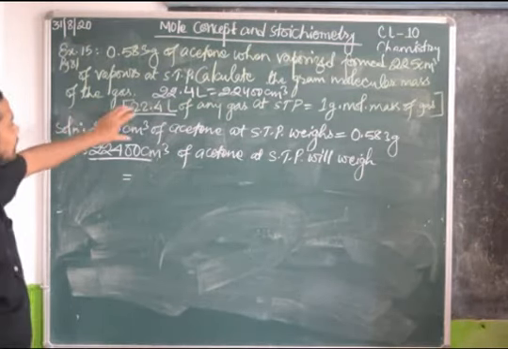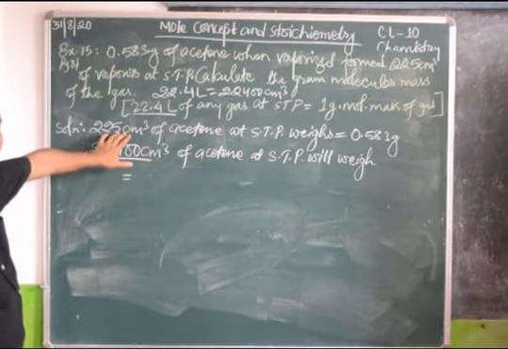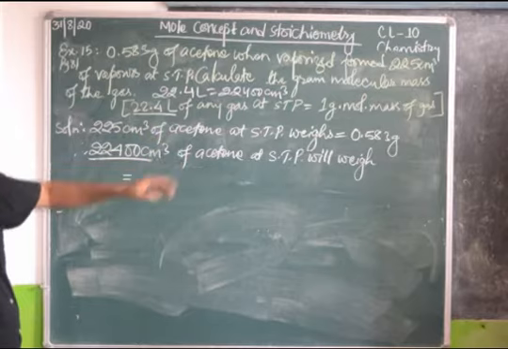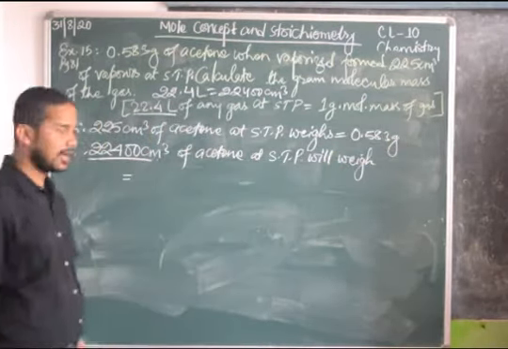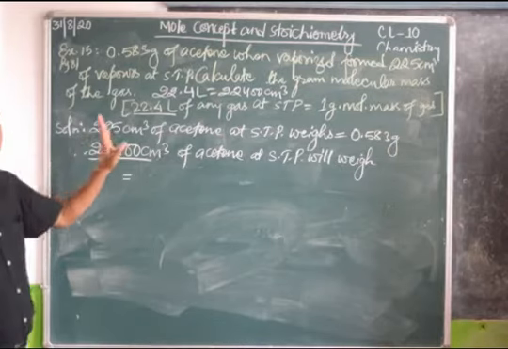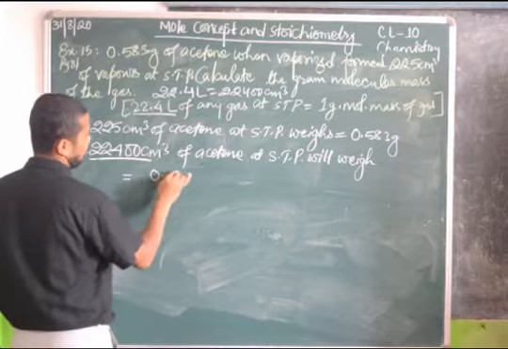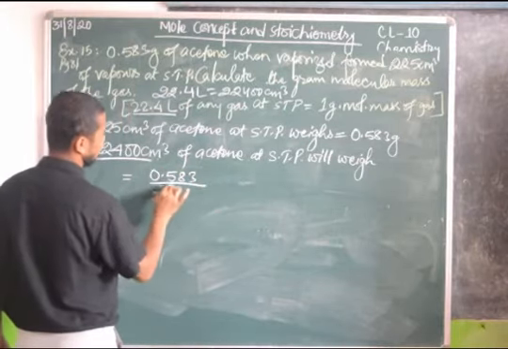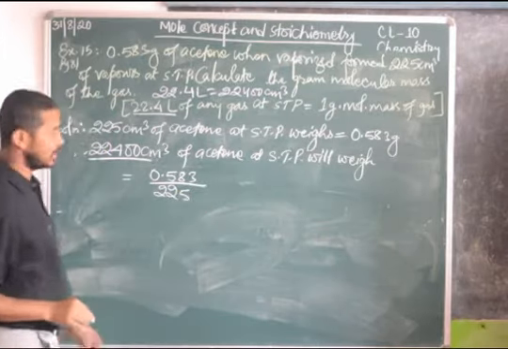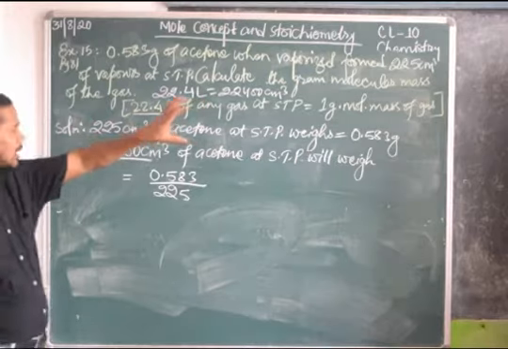This of acetone at STP weighs that much. Then 1 centimeter cube of acetone at STP weighs 0.583 by 225. Then this many means you have to multiply. So what you do is 0.583 by 225. Okay, 225 centimeter cube weighs 0.583 gram.